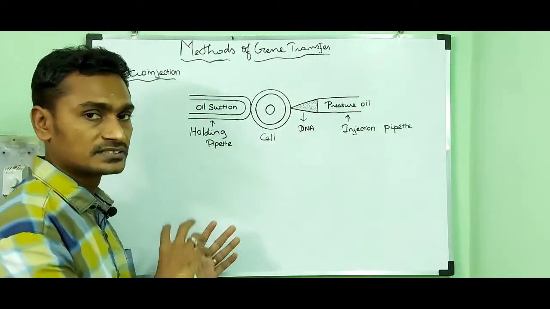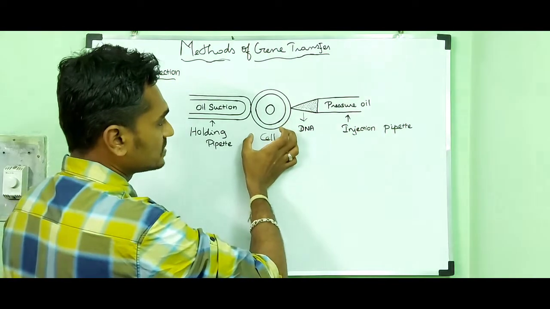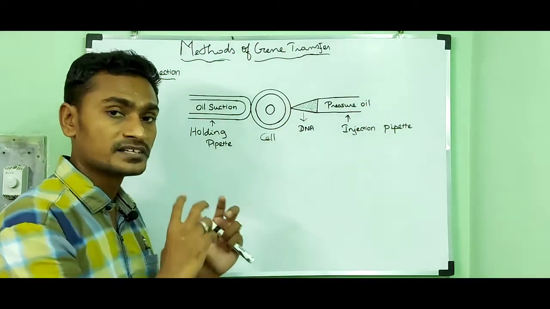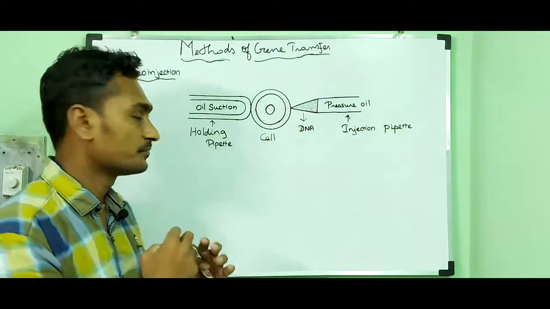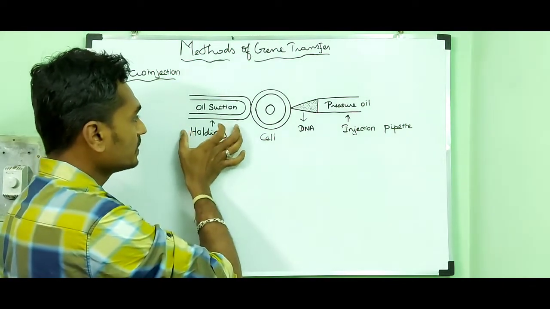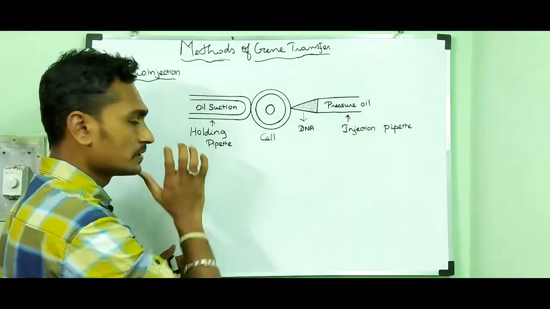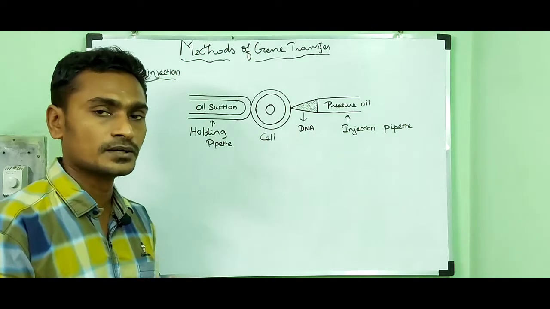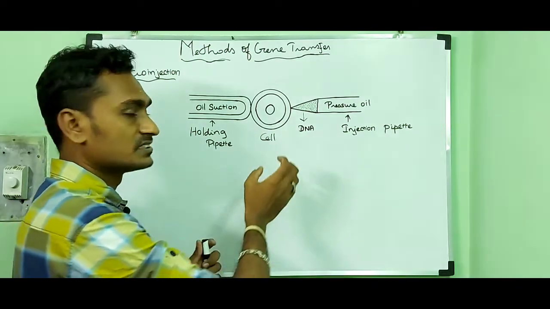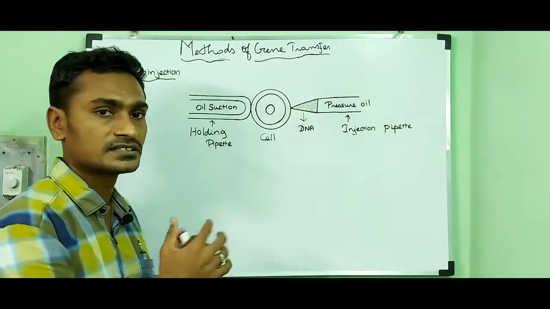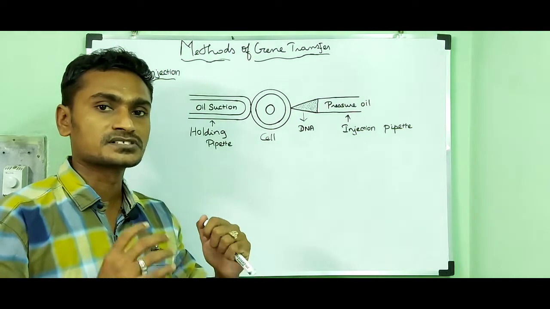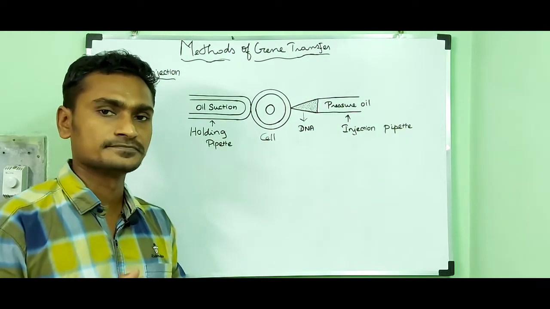So during the transfer of the gene, the recipient cells are immobilized by the agarose gel and held by the oil suction holding pipette. This is how the gene of interest is transferred into a target cell in the process called microinjection.